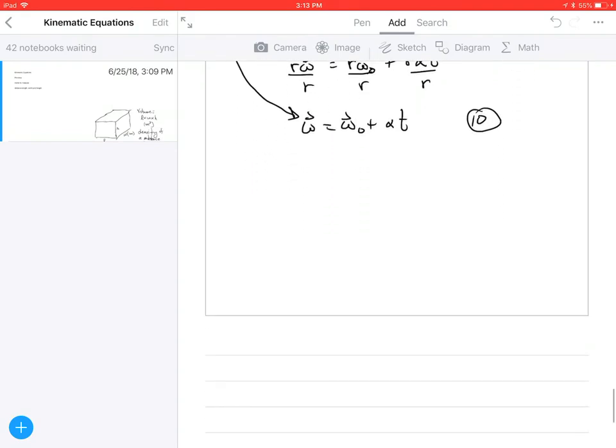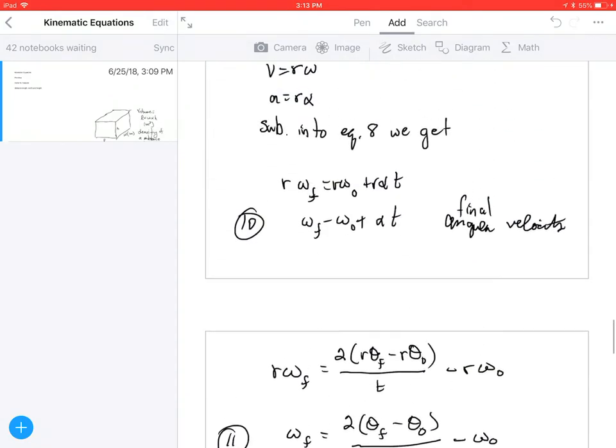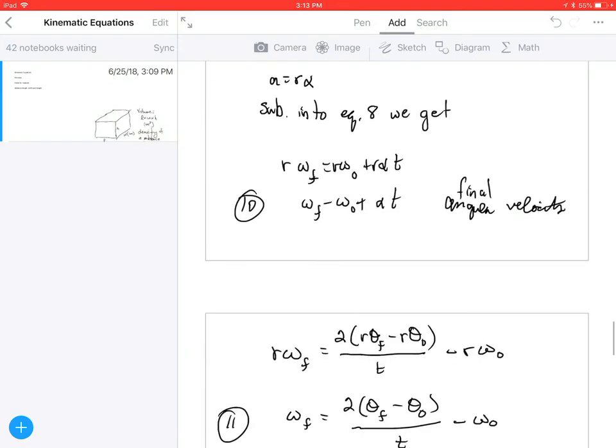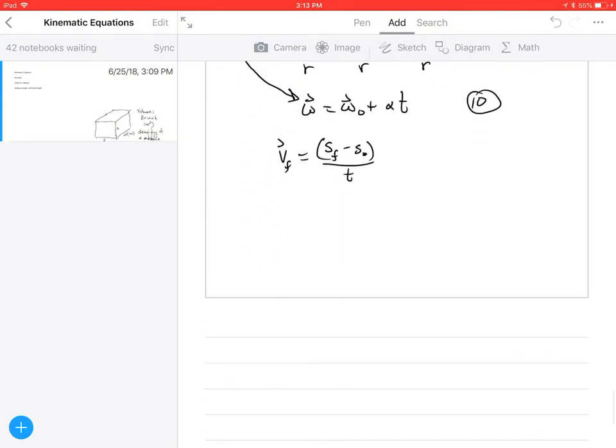So it's going to be the final velocity equals S final minus S initial over T. Is that right? Yep, over T minus the initial velocity. All right, so this is going to be 11.